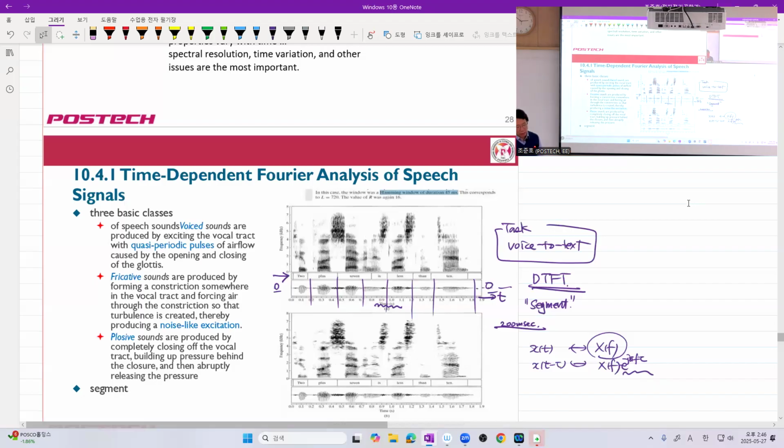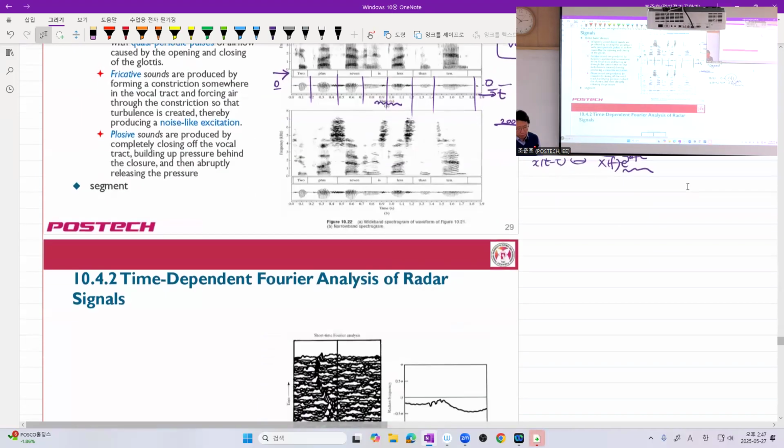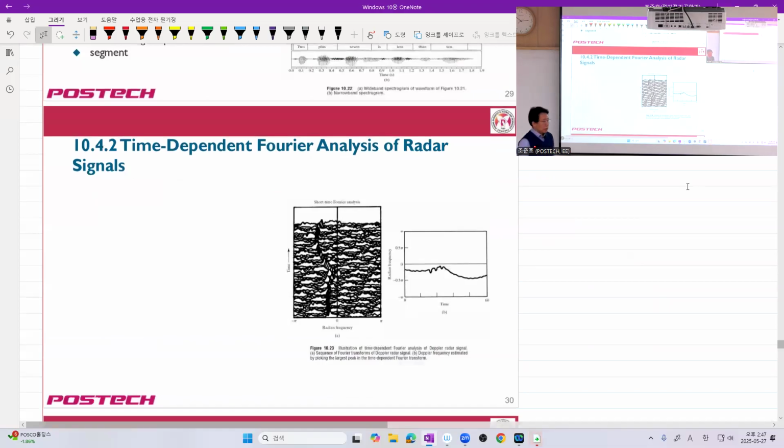And we are really living in an artificial intelligence era. Anyway, this short-time Fourier transform is not only used in the digital forensics of acoustic signals, it is also used in radar signal processing to find the Doppler frequency shift.